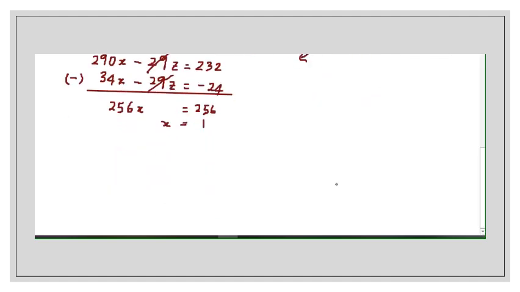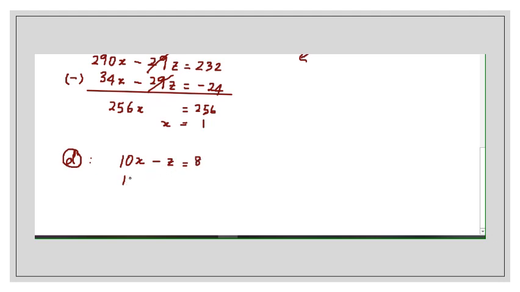Your equation D is, okay, from D, your D equation is 10x minus z equal to 8.